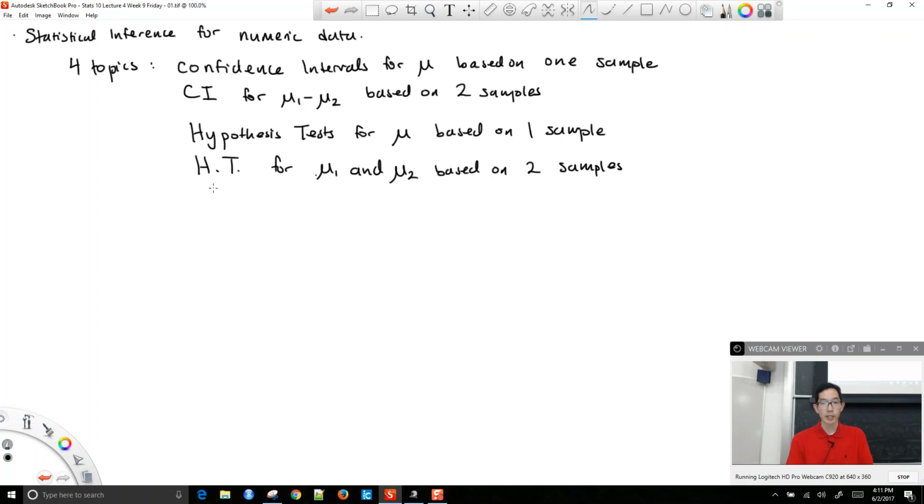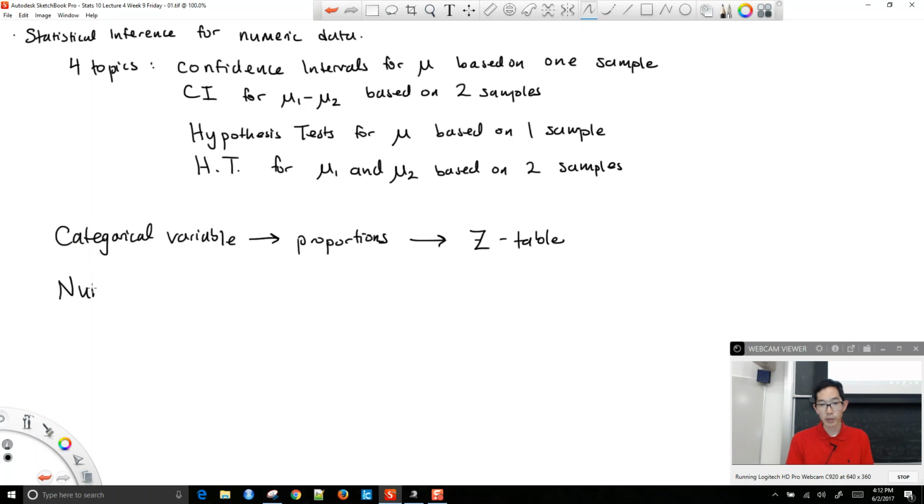Just keep in mind, if you have a categorical variable, that means you are dealing with proportions. And when you're dealing with proportions, you are going to use the z-table. Today we are going to cover numeric variables.